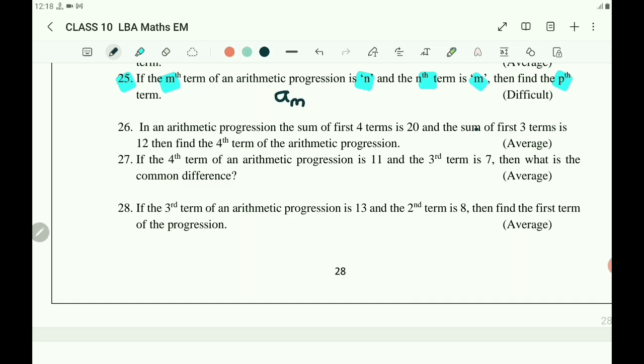Am, the mth term, is n, and an, the nth term, is m. What is asked? The pth term, AP, equals m plus n minus p.